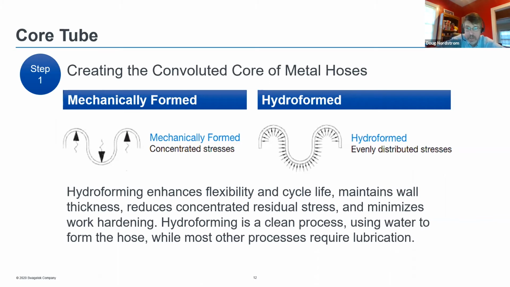Everywhere inside of that core sees the same amount of stress as it's being formed. And these hoses will last much longer in dynamic cycles. The downside is it takes longer to make, therefore usually hydroformed hoses are going to be more expensive than mechanically formed. So again, you have to understand how the hose is going to be used, what kind of dynamic motion it is going to see when deciding which hose to apply to an application.